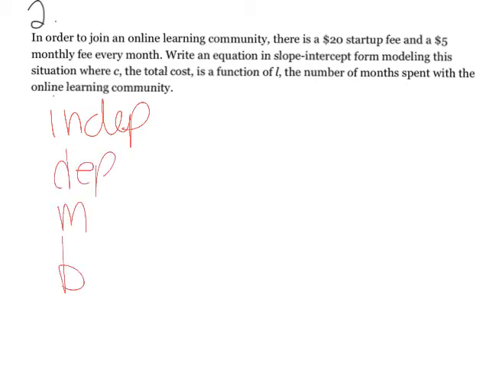And thank you to those of you that keep following this setup every time. So what is it that they're telling us to do? We want to model the total cost with the number of months. Remember, anytime we're talking about time, so like months, that's usually going to be independent. So the number of months is independent, and then the total cost is dependent.